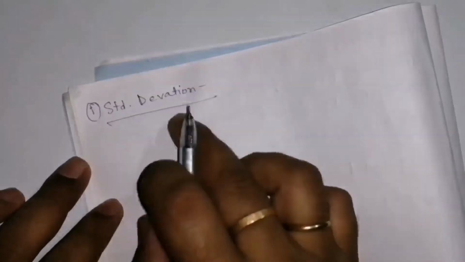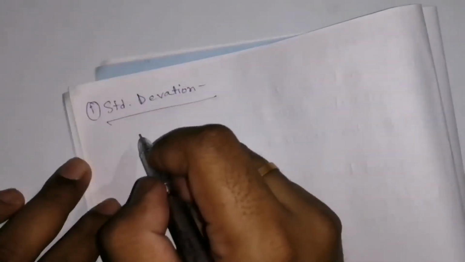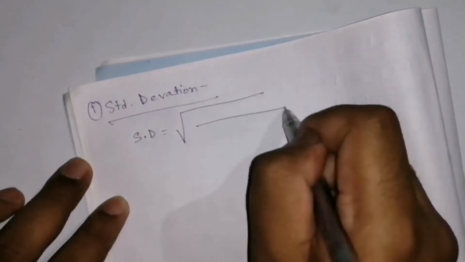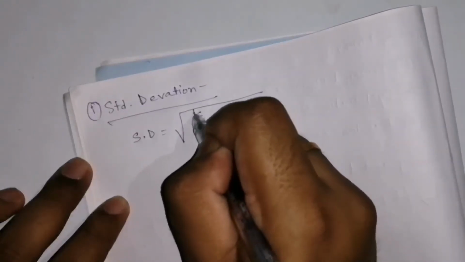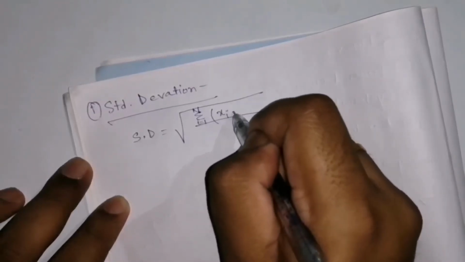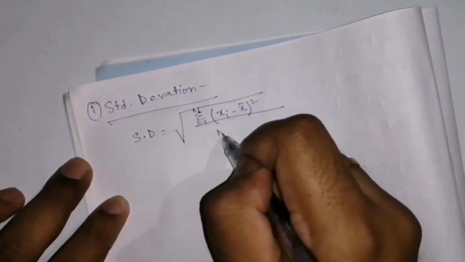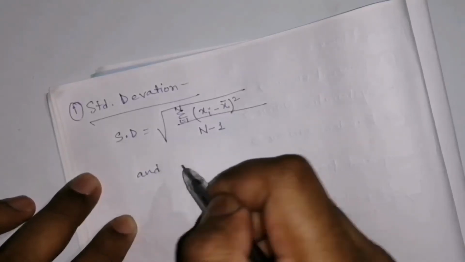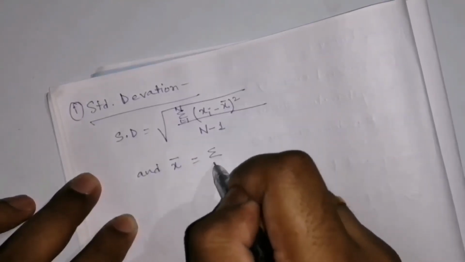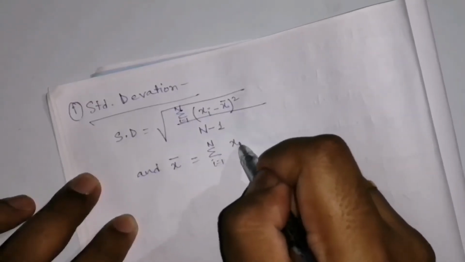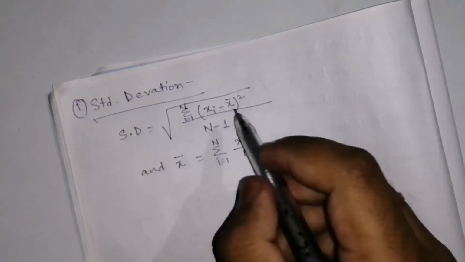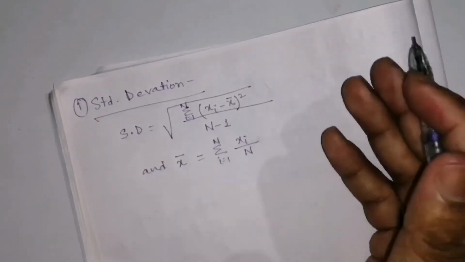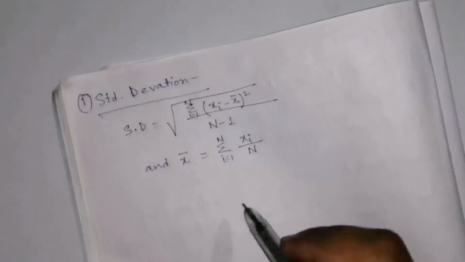The standard deviation is used as a measure of precision, and it is mathematically expressed as root over summation xi minus x bar whole square divided by n minus 1, where x bar is the mean and it is given by x bar equals summation xi divided by n, where xi refers to the value of an individual measurement, x bar is the mean of the measurement, and n is the total number of measurements.